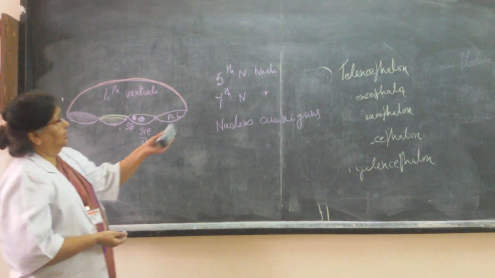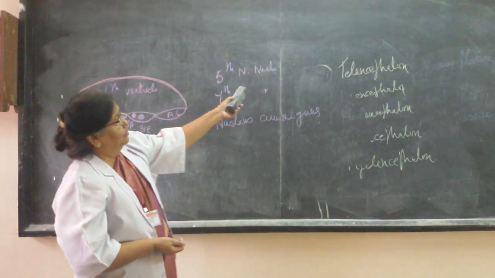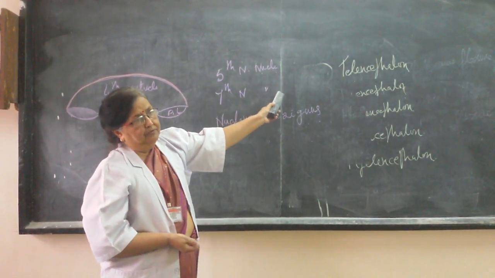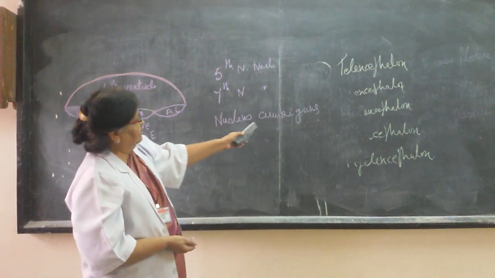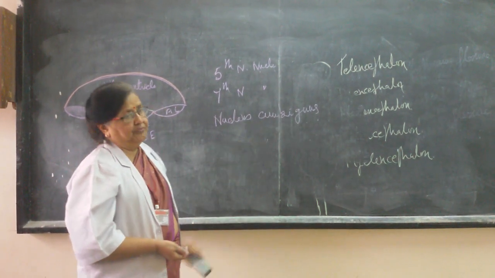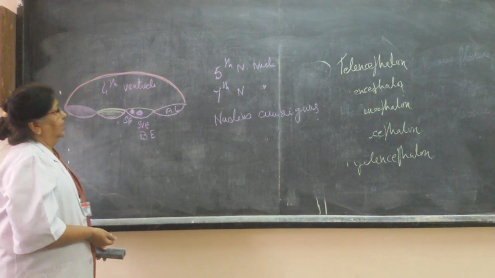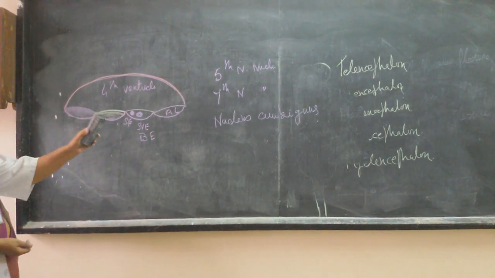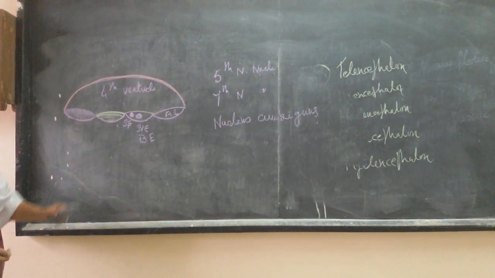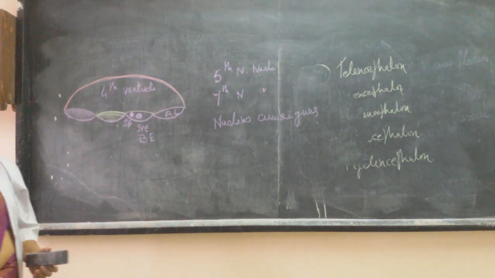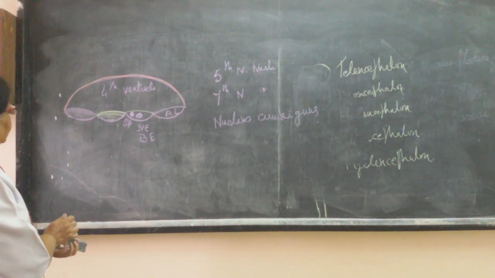The fifth and seventh nerve nuclei are present in the region of the pons. These two are found in the pons, and nucleus ambiguus is present in the medulla. And the fibers emerging from these nuclei supply the muscles developing from the branchial arches.